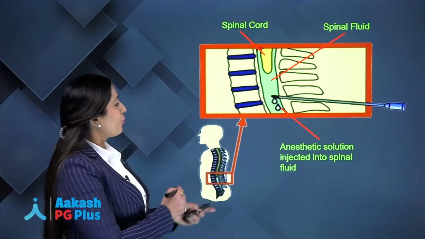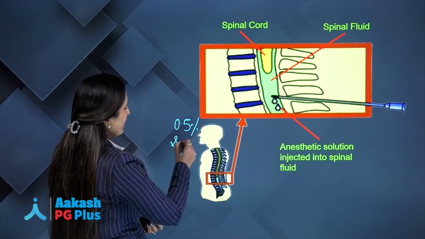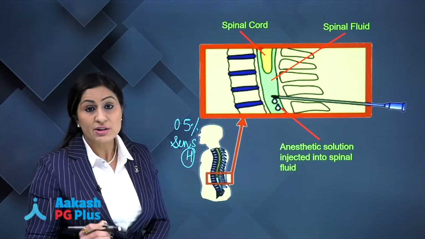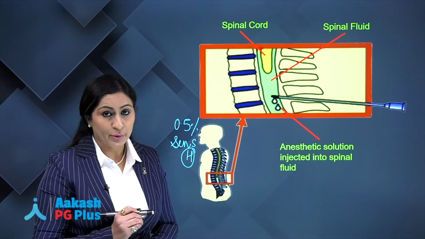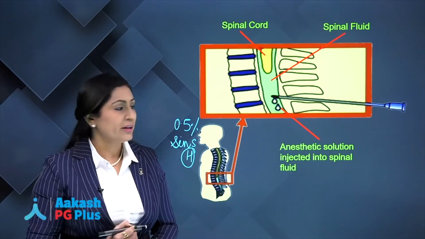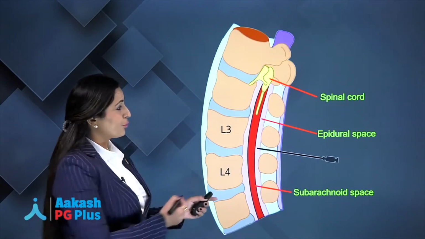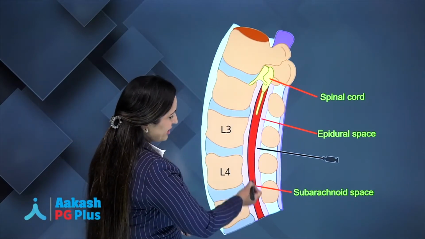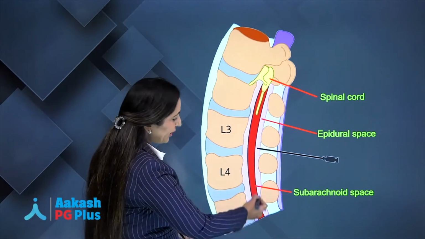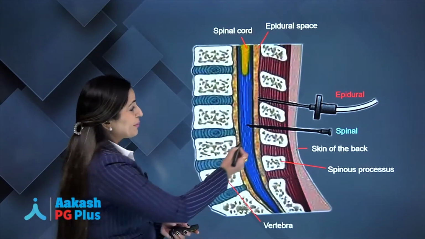We use 0.5% of bupivacaine, heavy. It is heavy because we have added 8% of glucose to make it heavy, to 0.5% bupivacaine, also called as bupivacaine heavy, right? So in this image, that's the spinal cord, that's the CSF or the subarachnoid space, and just outside the subarachnoid space is the epidural space where we put in epidural catheters, right?